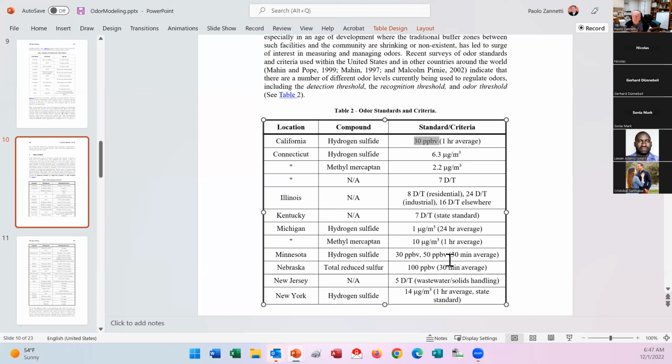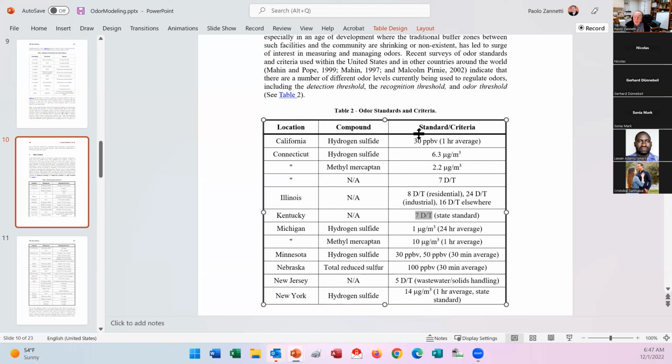What they say, for example, Kentucky says that if the odor that we measure is greater than 7 times the minimum odor threshold, then we have an exceedance of the standard and we have a violation of the regulation. So these are the two approaches that are used.